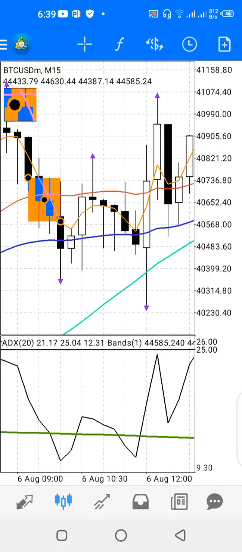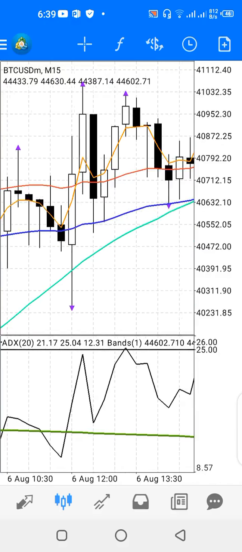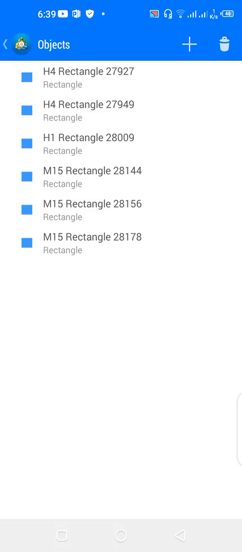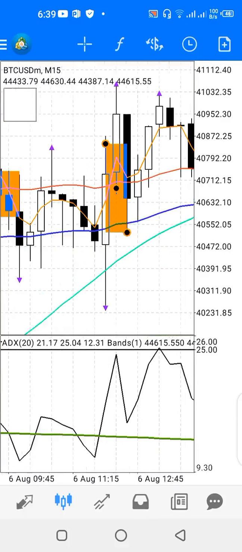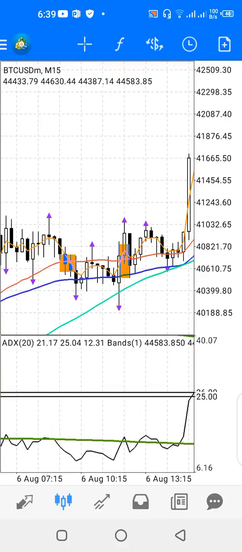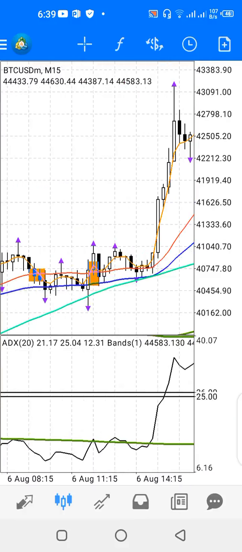Price dipped around here, and then you had the price breaking out back into the buy zone around here. So that's just the illustration.